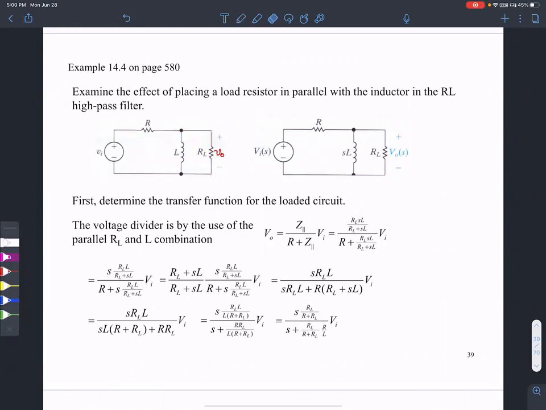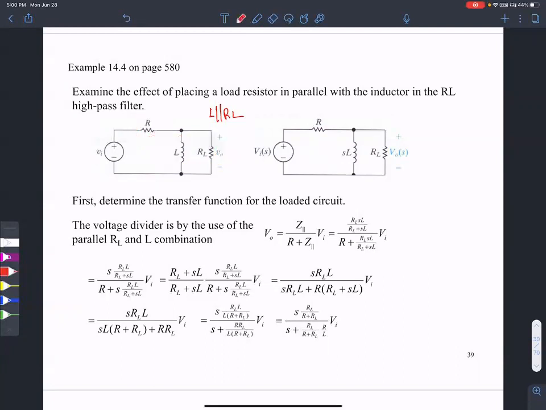Well, that's pretty straightforward. We still do the voltage division between this guy and this guy. So L in parallel with RL is the effective resistance of this guy that is in series with R.